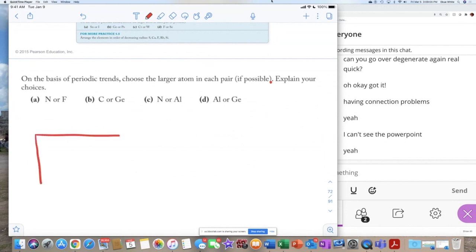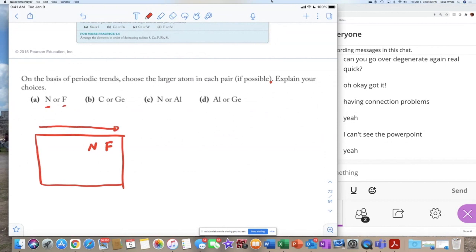For my first part here, they say N or F. So I pull up my periodic table, and then I write these relative to each other. They're the same energy level in the periodic table, energy level 2, right? N is left of F. Then I write my trend. Size decreases from left to right.